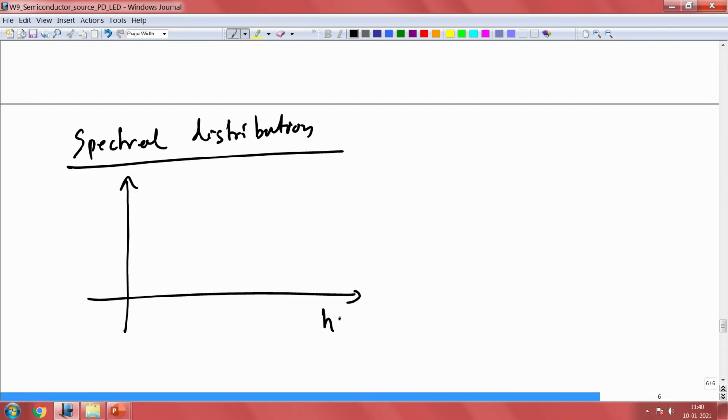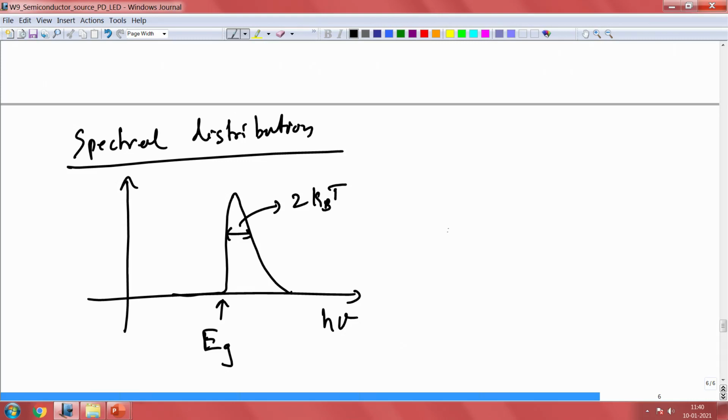So, if you look at the frequency here, the energy that we have here, you will have a very sharp increase and then going down. So, what we see here is nothing but your band gap, and the emission here, the line width is dictated by 2 kBT. So, this is a classic spectrum from a light emitting diode source.